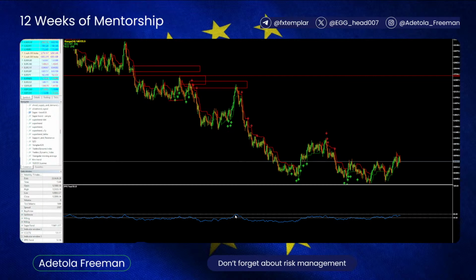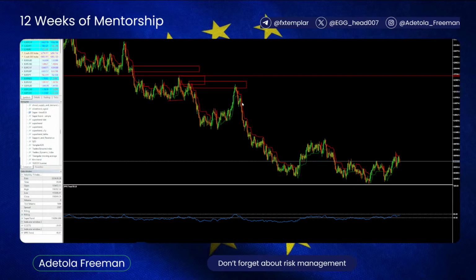What do I do? I instantly check on that time frame if there is a supply zone that price has just entered.